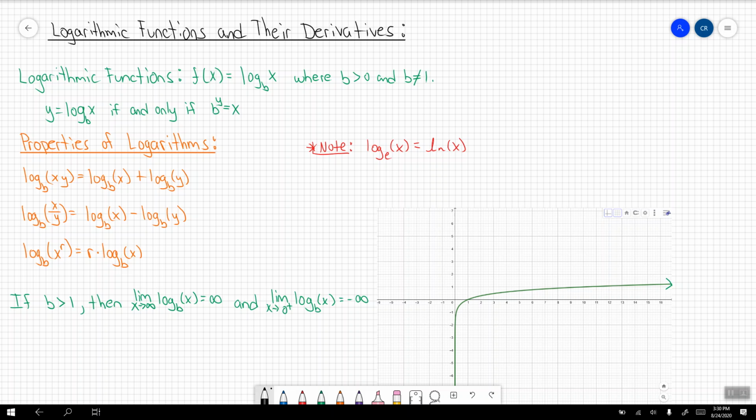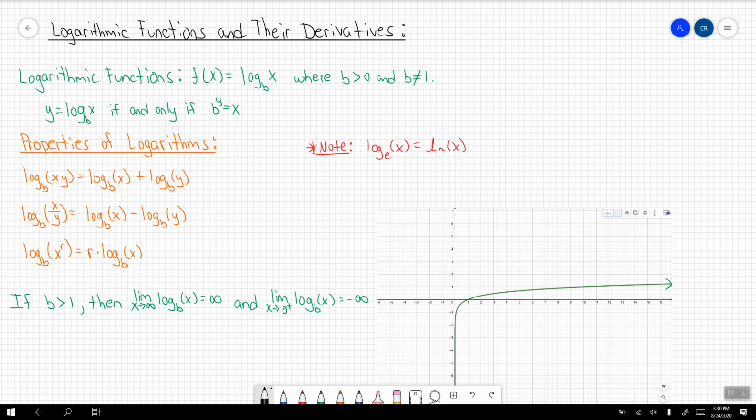And if you remember from some algebra course, whether it was college algebra, intermediate algebra, or beginning algebra, logarithmic functions and exponential functions are inverse functions of one another, meaning that they are operations that undo one another.